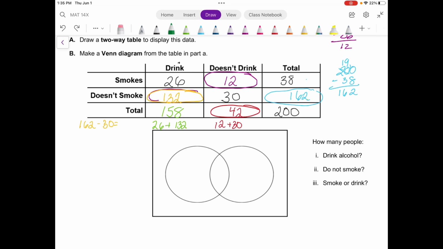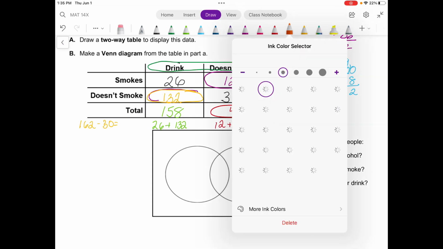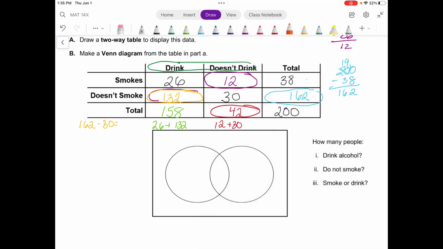One of the variables needs to come from the columns, so the circle is going to focus on either people who drink or people who don't drink. And the other one would need to come from the rows, so I would pick either smokes or doesn't smoke. It's your call which one you want to use.